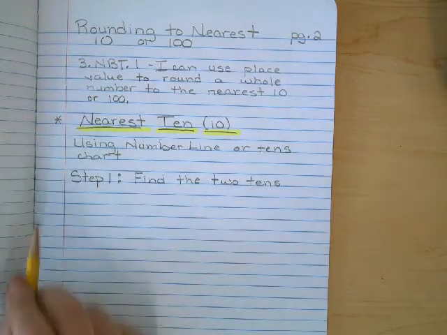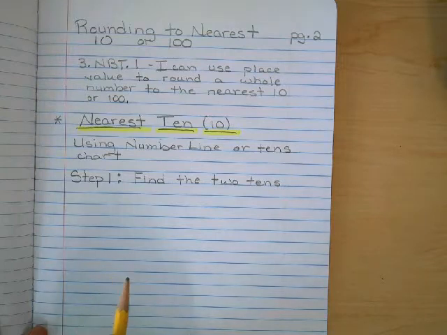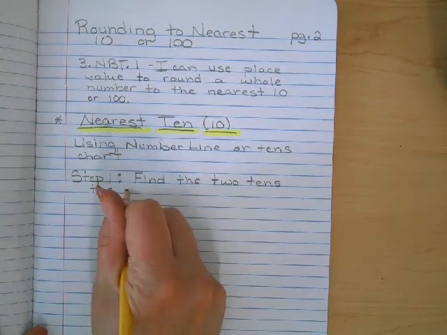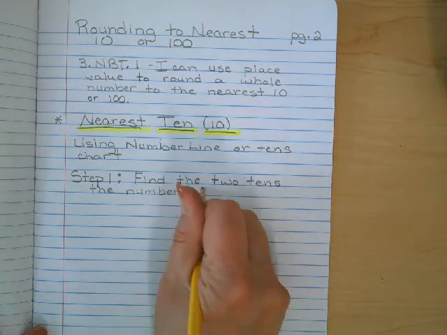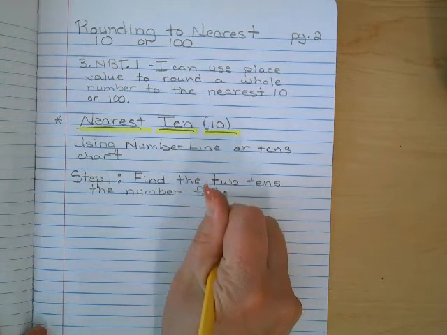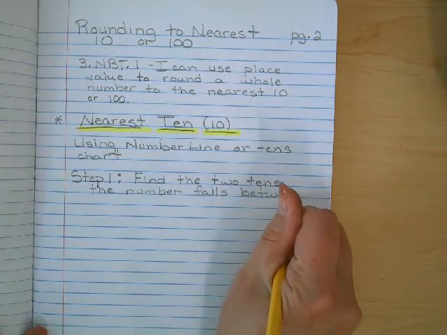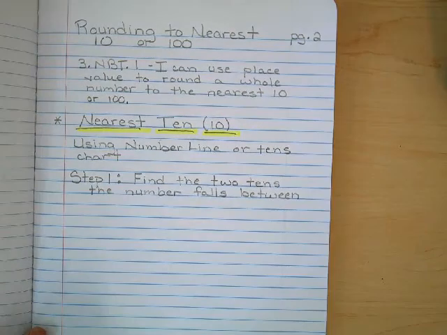Now, you also want to make sure that you are looking at the tens place when you're wanting to decide what two tens that number is going to fall between. So that's the first step. We want to find the two tens the number is going to fall between.